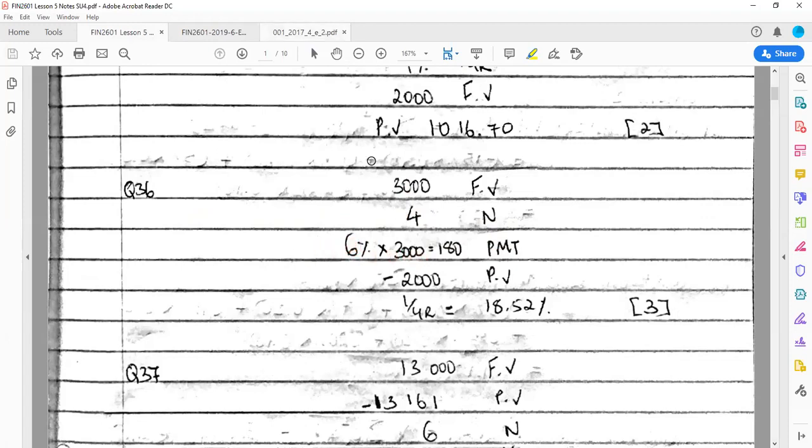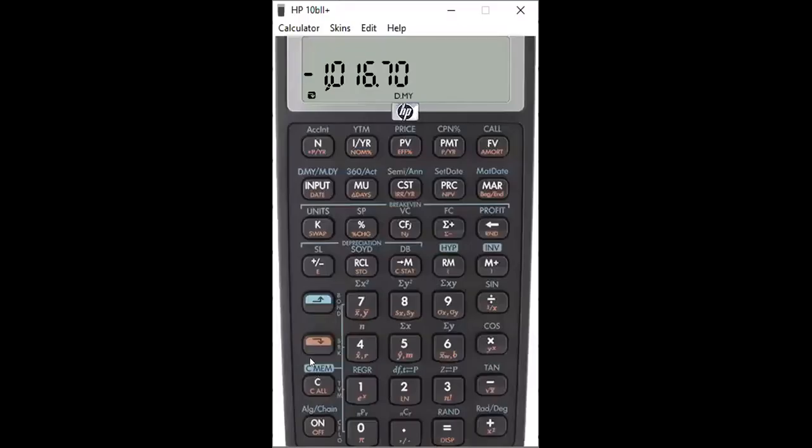Let me just illustrate that on the calculator. We say 3,000, that's our future value. 4 is our N. Then we say 0.06 times 3,000, that's our PMT. And then 2,000 we put as a negative, that's our PV. Then we calculate our rate, which is 18.52.